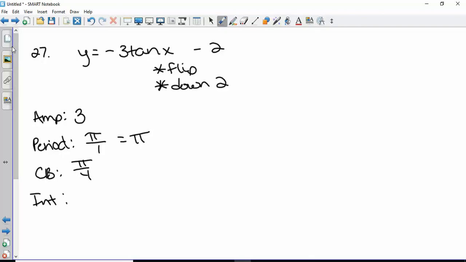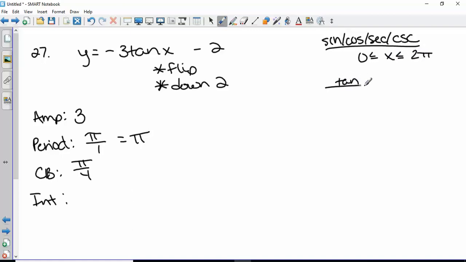Interval. Remember, tangent and cotangent are weird. Remember sine, cosine, secant, and cosecant, their interval is from 0 to 2 pi. Tangent, we go from negative pi over 2 to positive pi over 2.